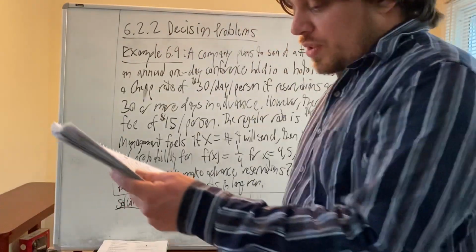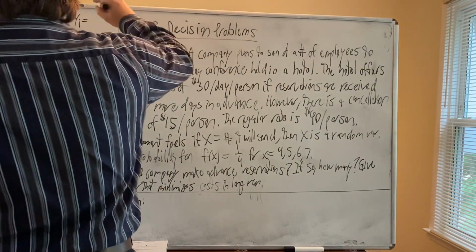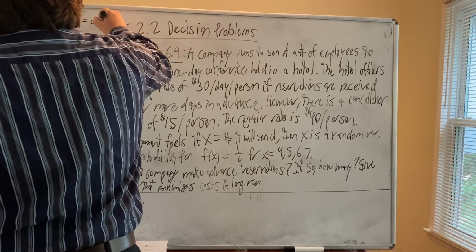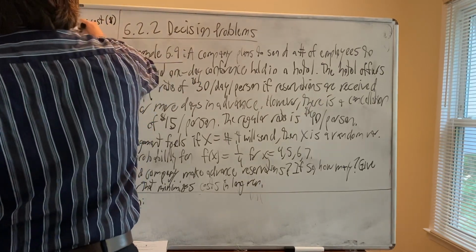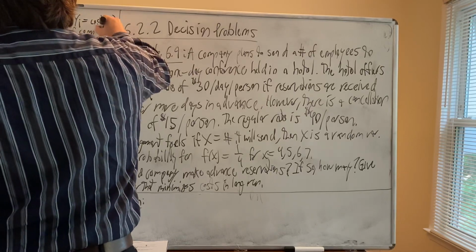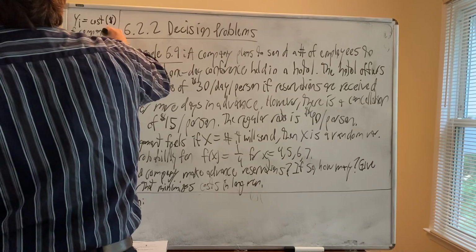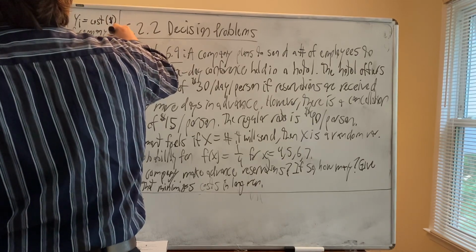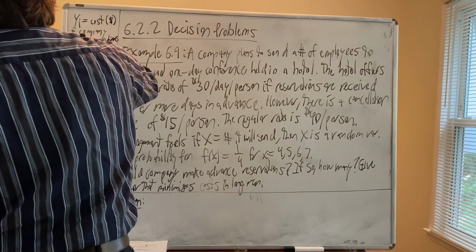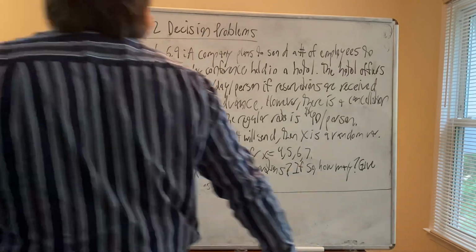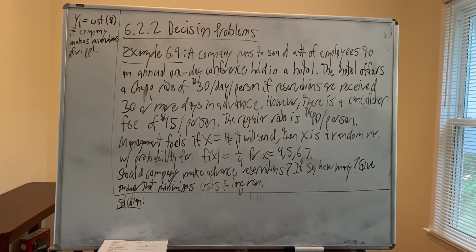Okay, so I'm going to let y sub i equal the cost in dollars if the company makes reservations for i people.